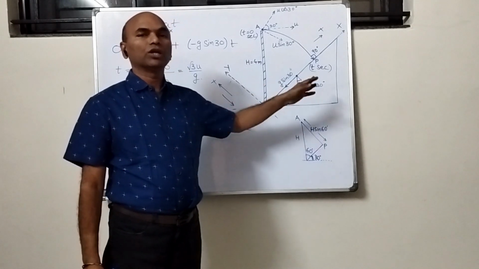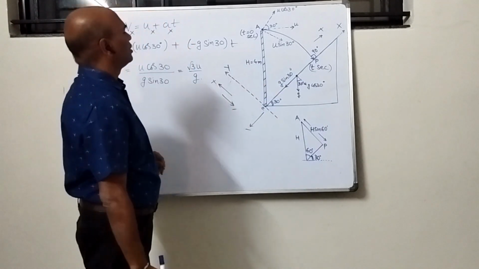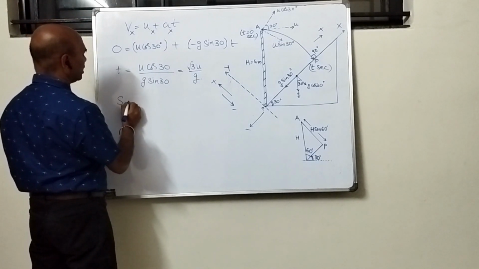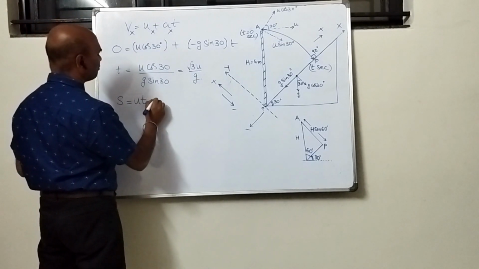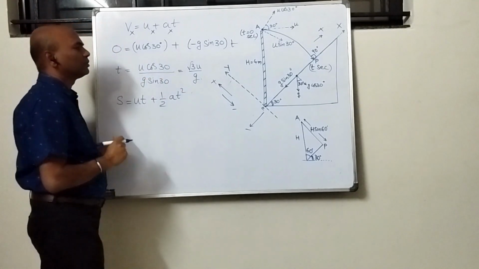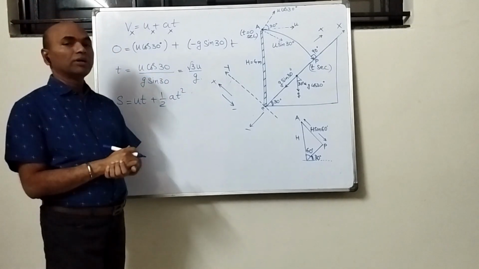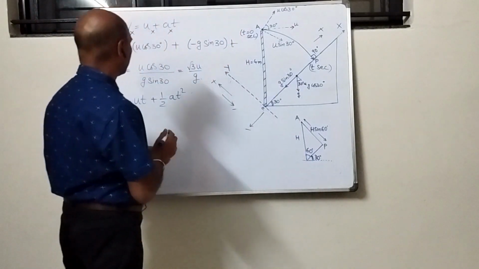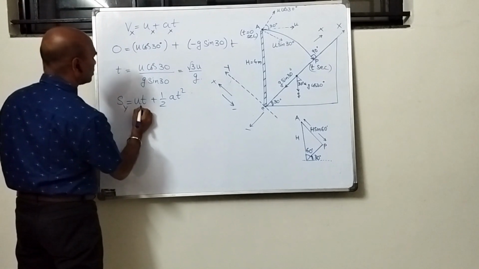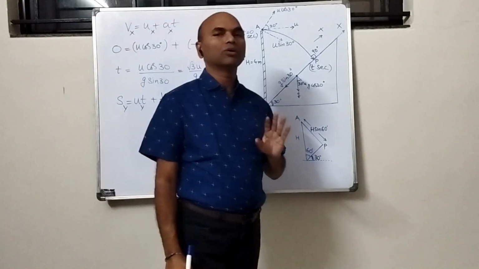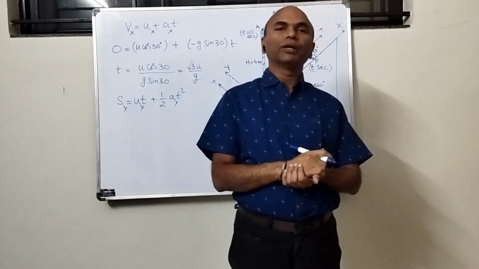Assuming that to be hitting normally, right? Now coming to another equation of motion, s equals ut plus half at square. This time I would take the y component, that means I would write sy, uy, ay, all the quantities as y components.